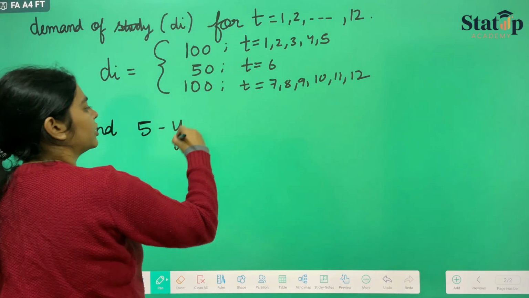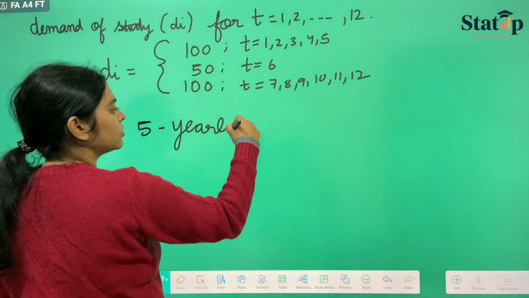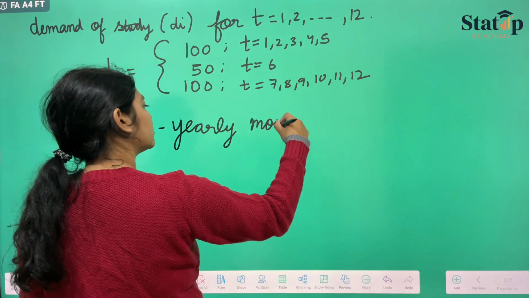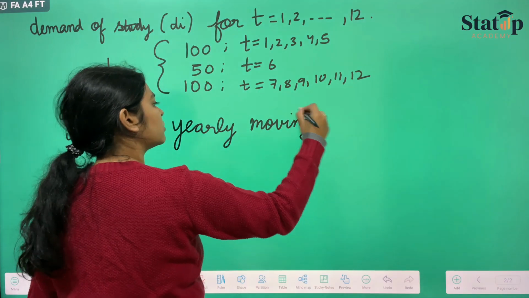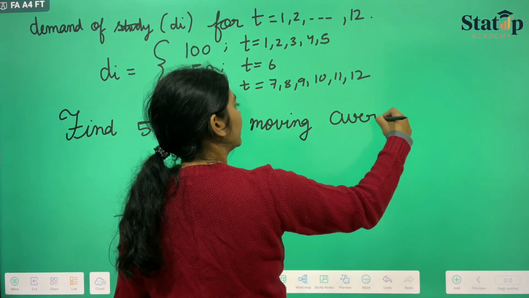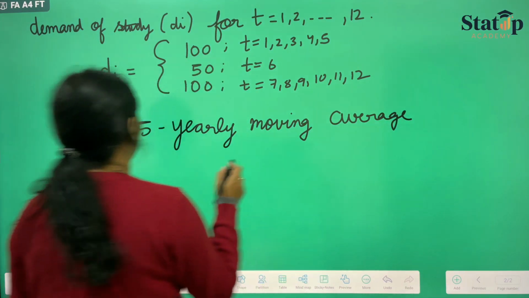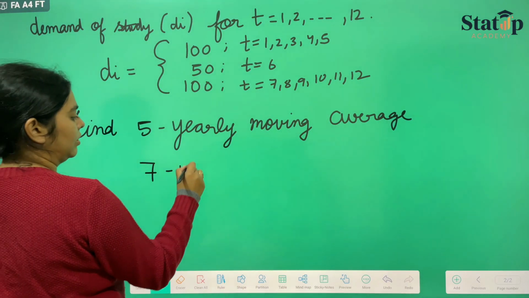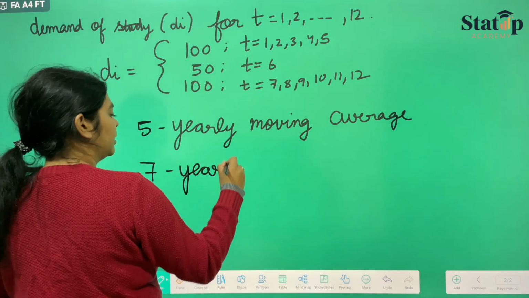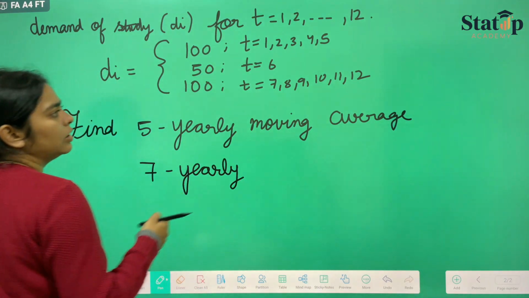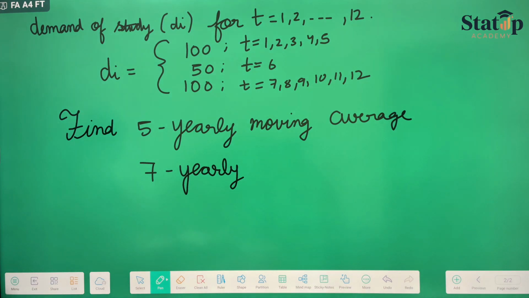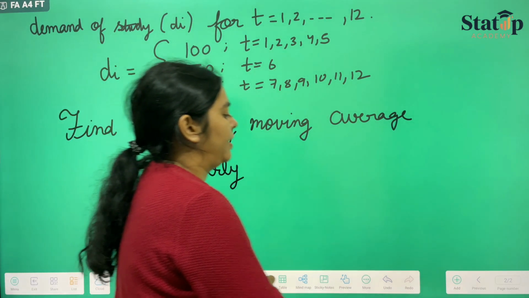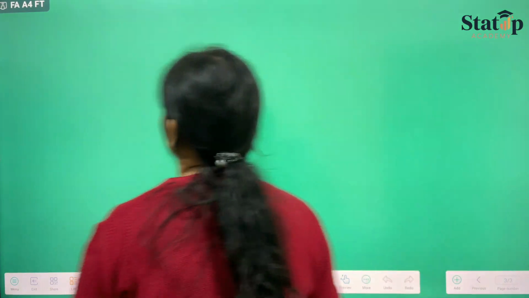And we have to find the 5-yearly moving average. There are two types of moving average. One is 5-yearly and one is 7-yearly. If 5-yearly is clear, 7-yearly will also be clear to you. So this is our data. Let us first write the data.